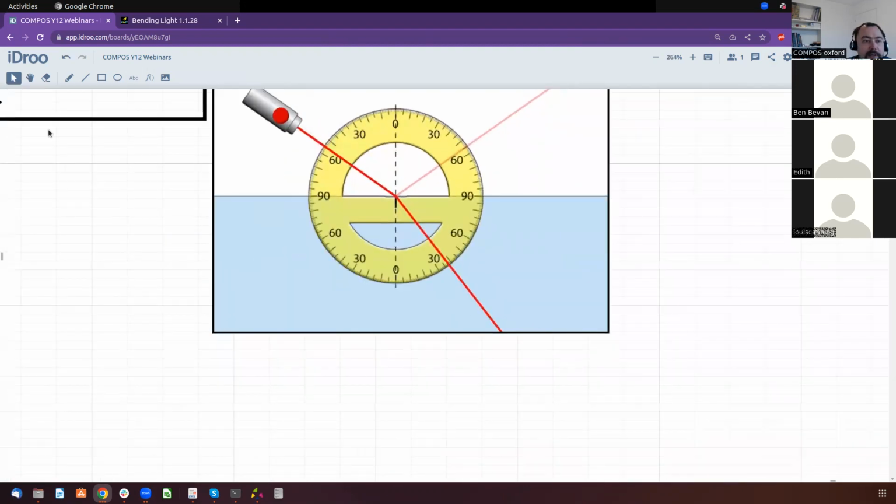So what they're saying is that this angle is 90 degrees. They're asking us to find theta.